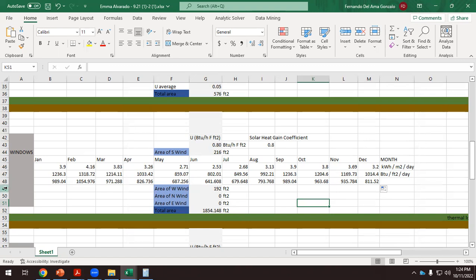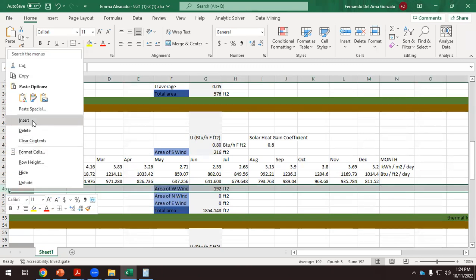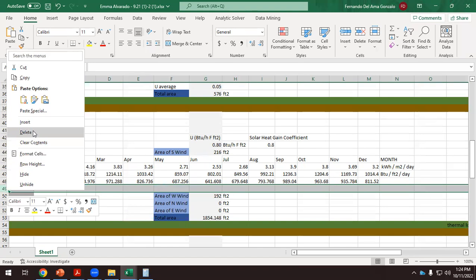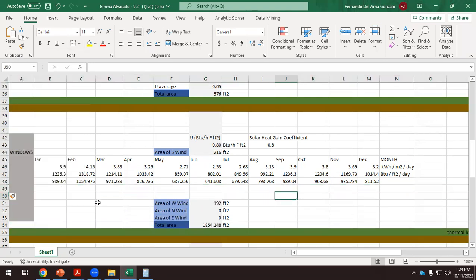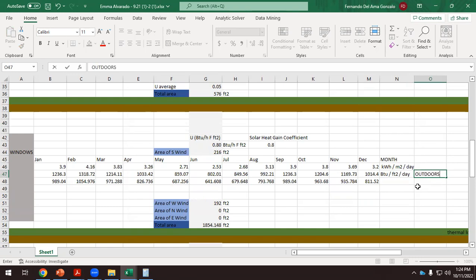Okay. I have to insert one row or two more because this is a solar. Well, this is outdoors, and this is indoors.